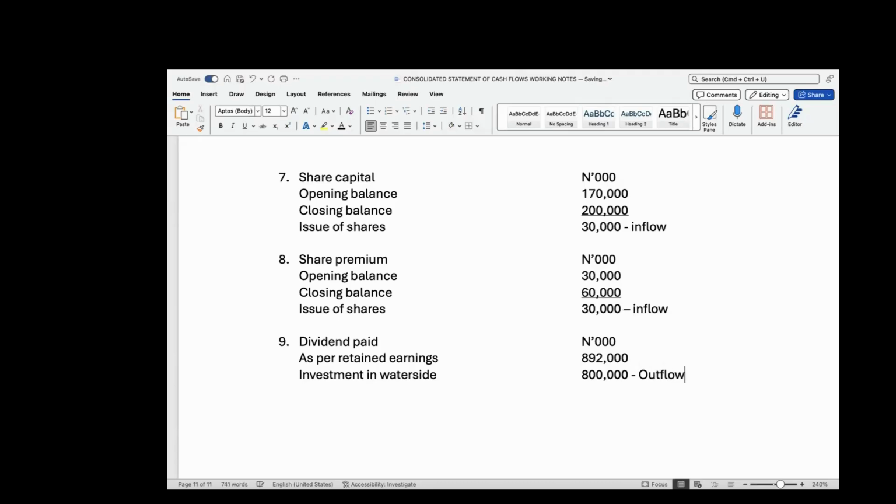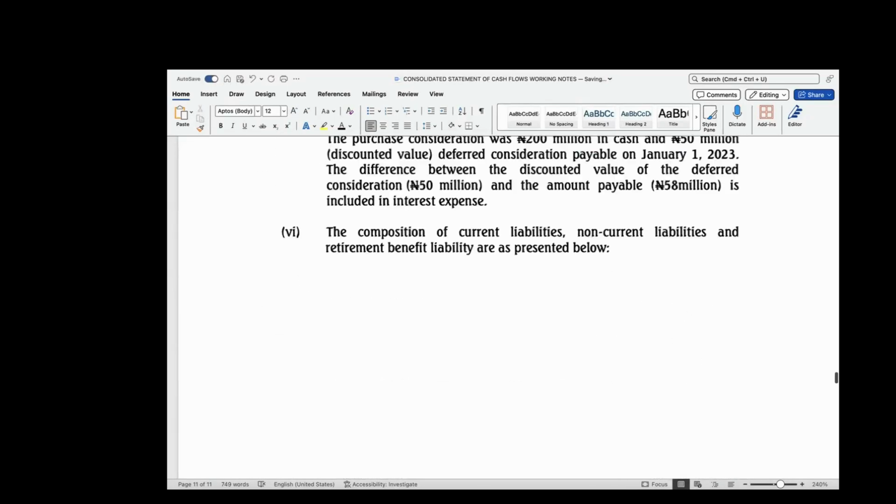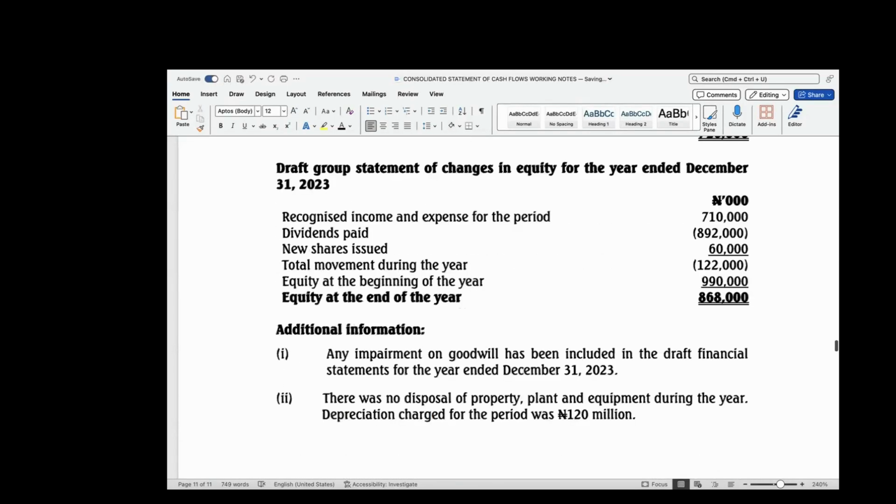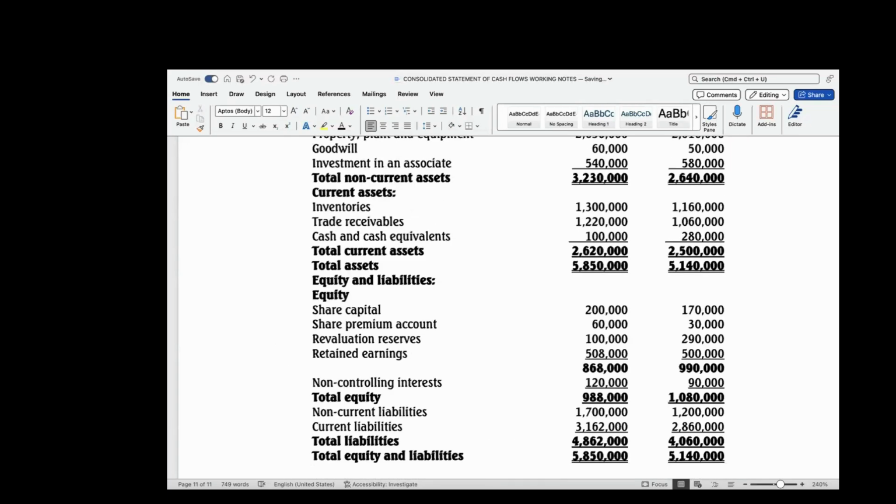This is an outflow under investing, and the dividend paid to parent shareholders is actually 92. So this will be an outflow in financing. So that's the movement there. That's that for retained earnings.